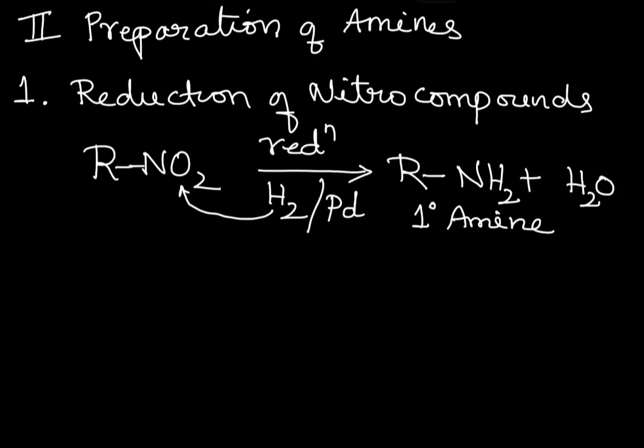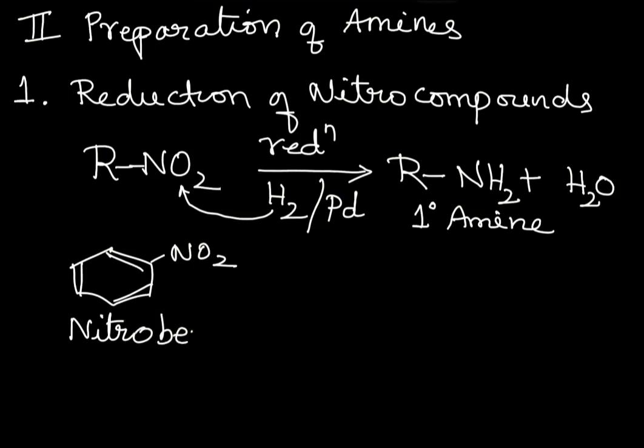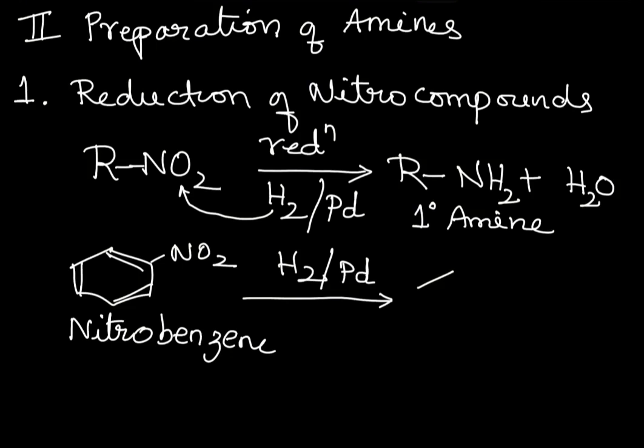Take any nitro compound. I'll take an aromatic nitro compound. When the nitro group is directly attached to a benzene ring, it is called nitrobenzene. Take nitrobenzene and subject it to reduction by passing hydrogen gas in presence of palladium powder, which acts like a catalyst, and your nitrobenzene is converted into NH2.